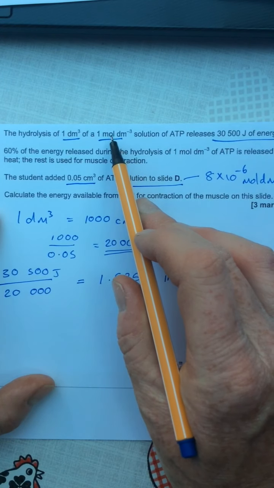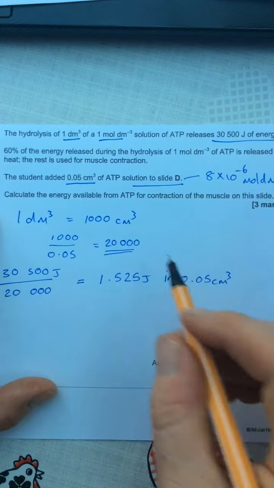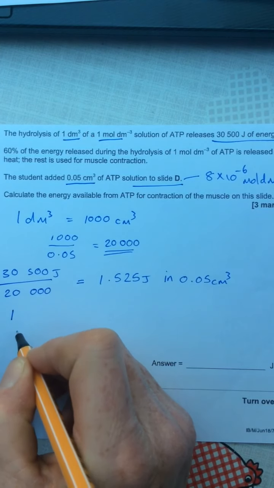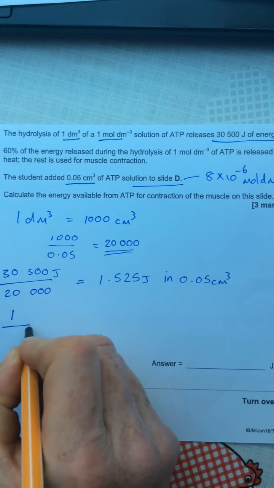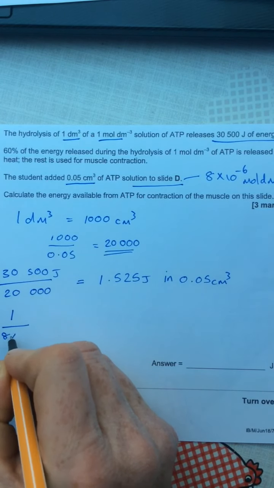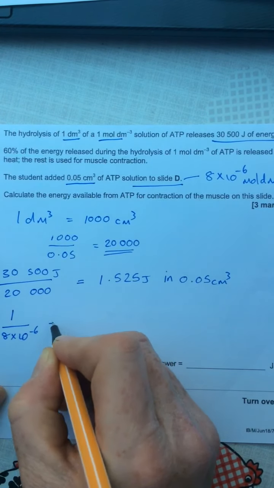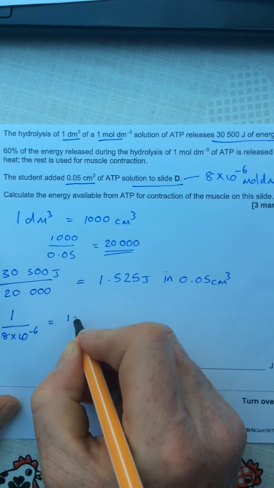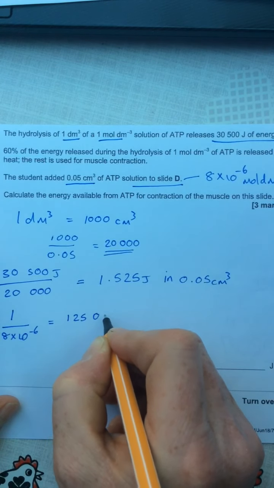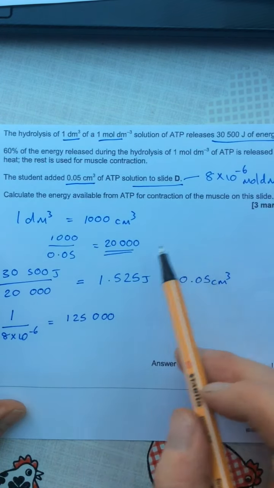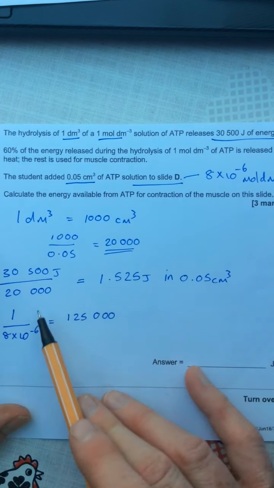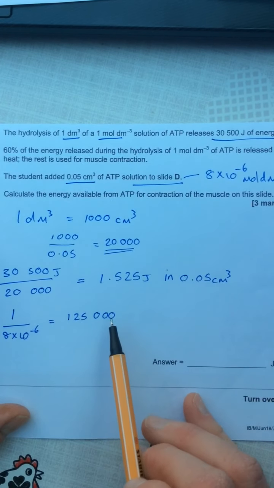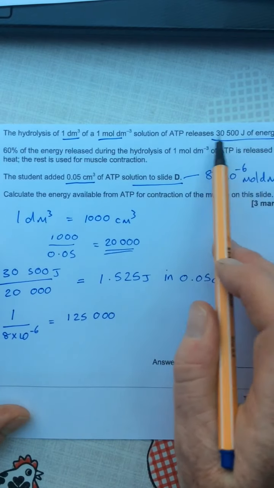We need to look at how much less. If we do 1 per cubic decimeter divided by 8 times 10 to the minus 6, you get a value of 125,000, which means the concentration the student used, 8 times 10 to the minus 6, is a 125,000th of this concentration here.